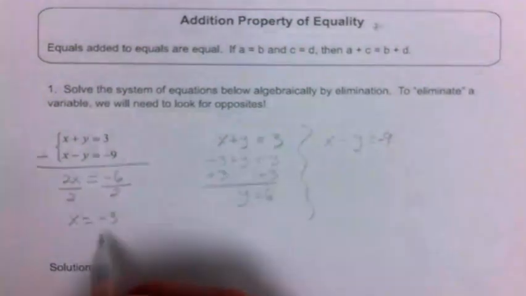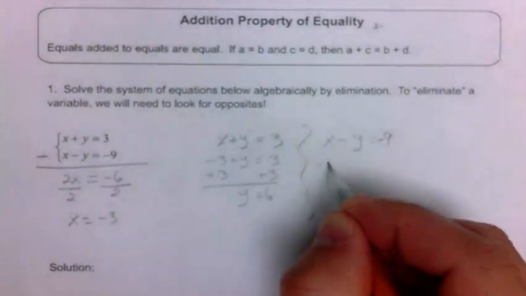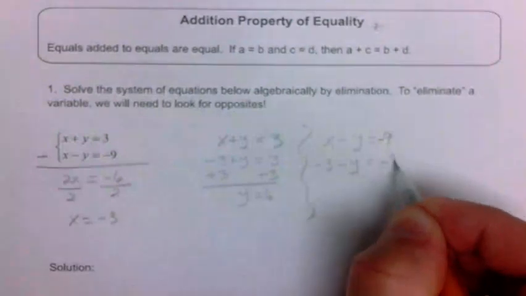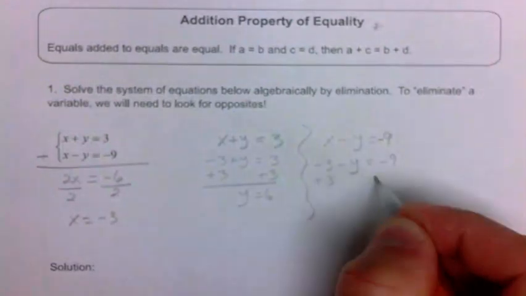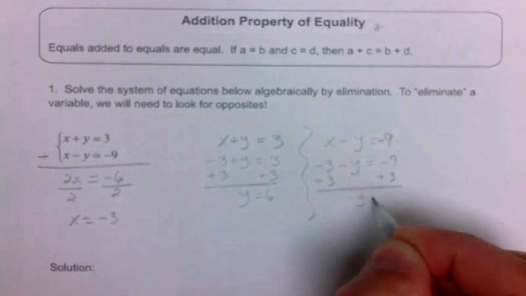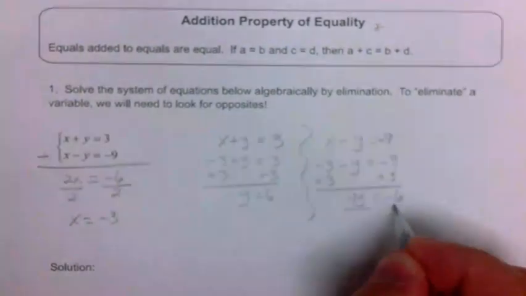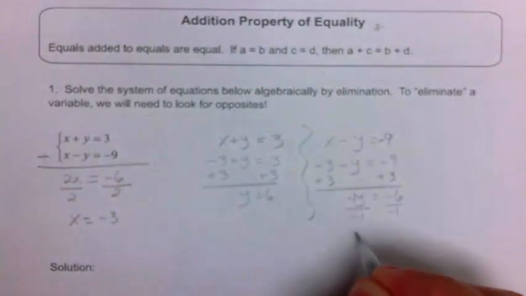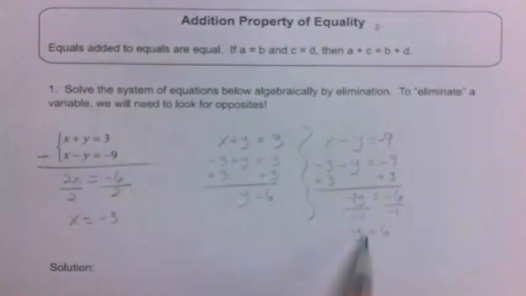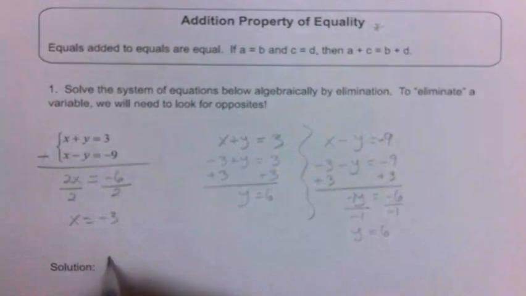And in the other equation, again, x is negative 3, so negative 3 minus y is negative 9. Add 3 to each side. Negative y is negative 6. That's the same as negative 1y. So if I divide each side by negative 1, y again is equal to 6. So for the solution, we're going to have the point negative 3, comma 6. When x is negative 3, the value of y is 6.